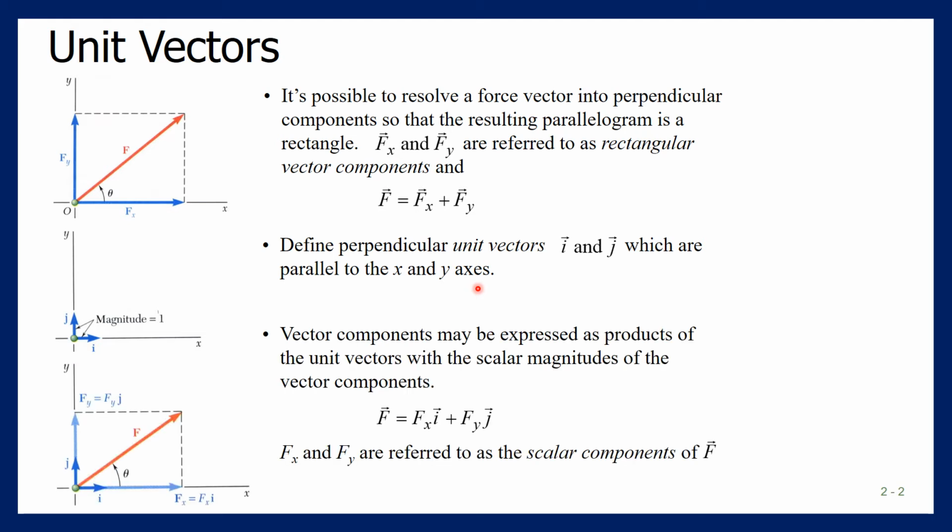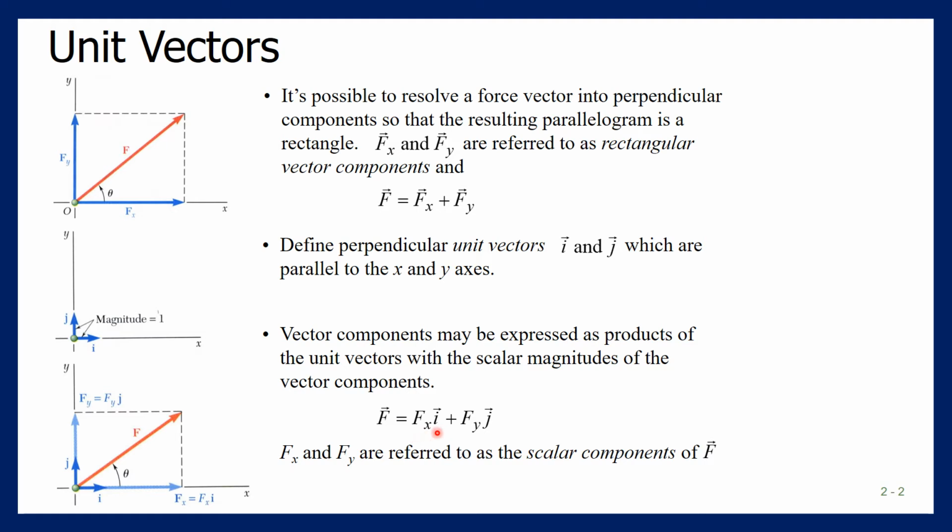Now, if you want to resolve the force, you can do so by this method. F will be equal to Fx i plus Fy j, where Fx is the magnitude in the x direction. So this component is showing the magnitude Fx and i will show the direction.